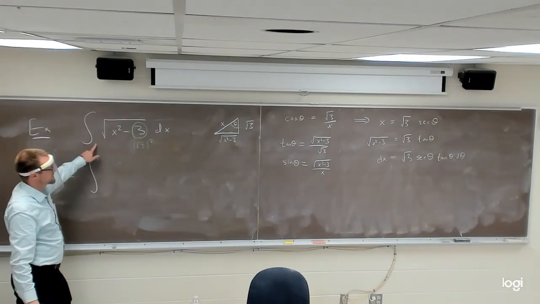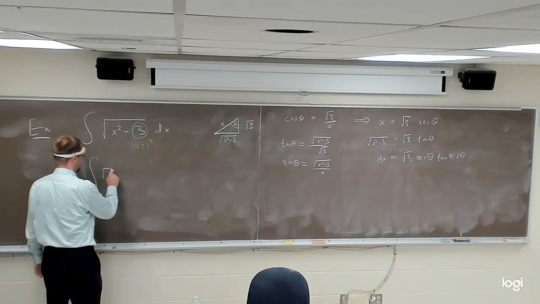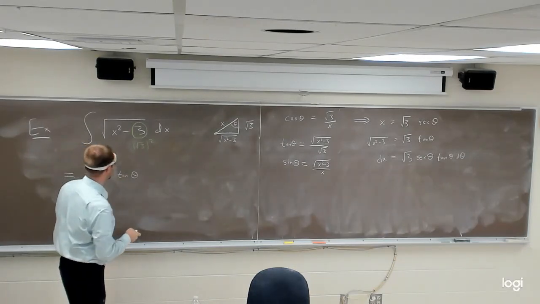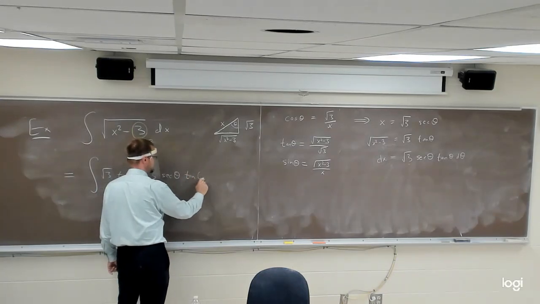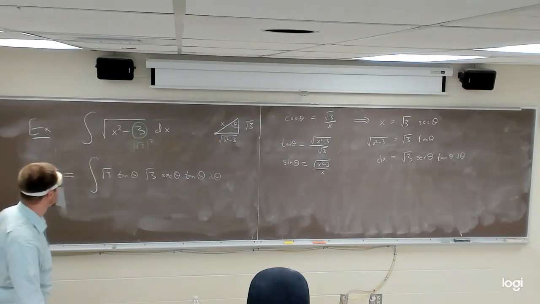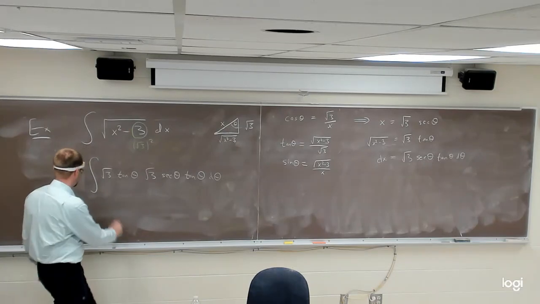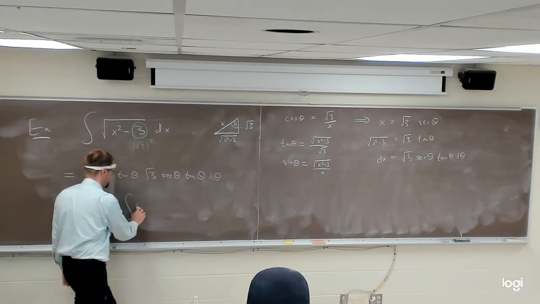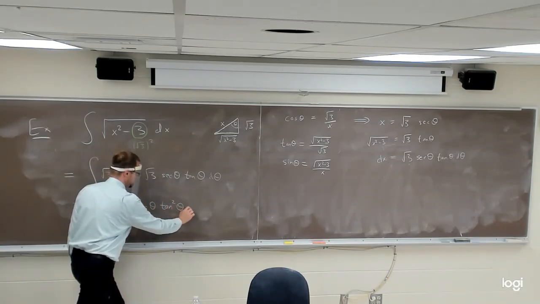Square root of x squared minus 3 is root 3 tan theta. And dx is root 3 sec theta tan theta d theta. And if I simplify, I'm going to pull both of these root 3's out and combine them. I have 3 integral sec theta tan squared theta d theta.